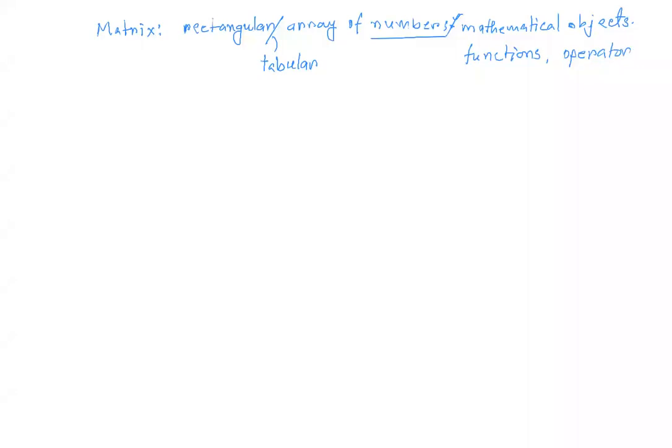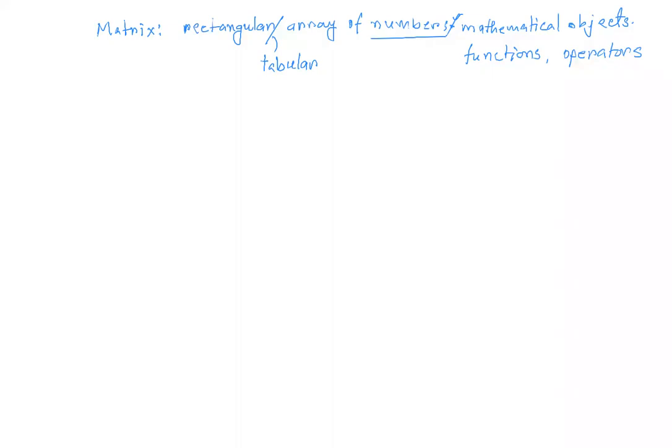So it could be functions, operators, or pretty much any mathematical objects that make sense. So matrix is more like an abstract idea. It's a rectangular array of items or things. Now those items could be numbers, it could be functions, it could be operators, it could be sets, or whatever way you define it, all right?